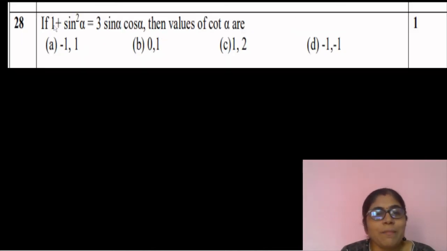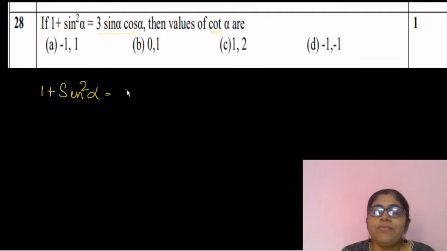Now question number 28. If 1 plus sine square alpha is equal to 3 sine alpha into cos alpha, then find the value of cot alpha. So if we want cot alpha here, what we have to do? We have to divide this by sine square alpha.